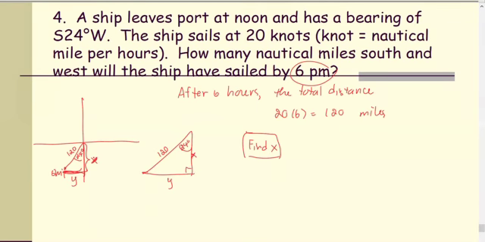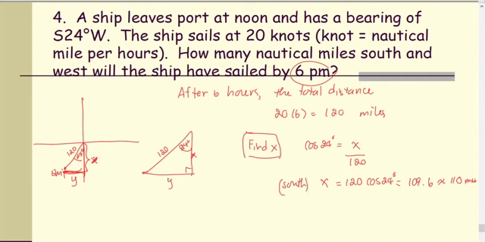Based on the hypotenuse 120 and the angle 24 degrees, we use cosine. Cosine 24 degrees equals x divided by 120. Therefore, x equals 120 multiplied by cosine of 24 degrees, which is 109.6, approximately 110 miles. So this is the south direction.